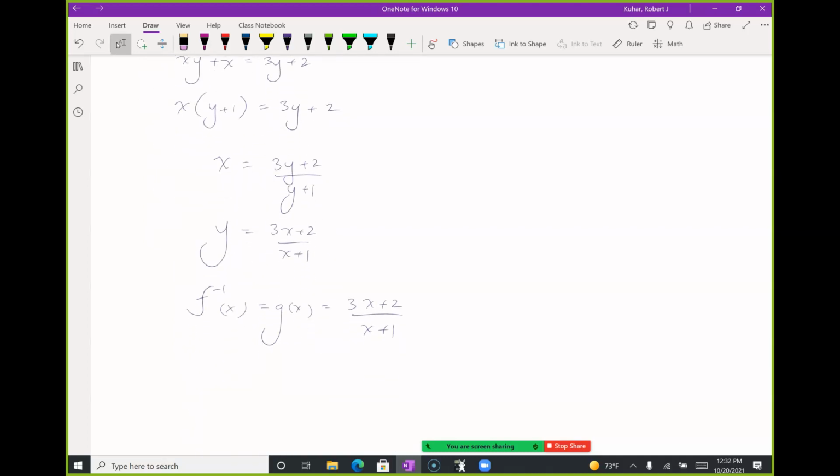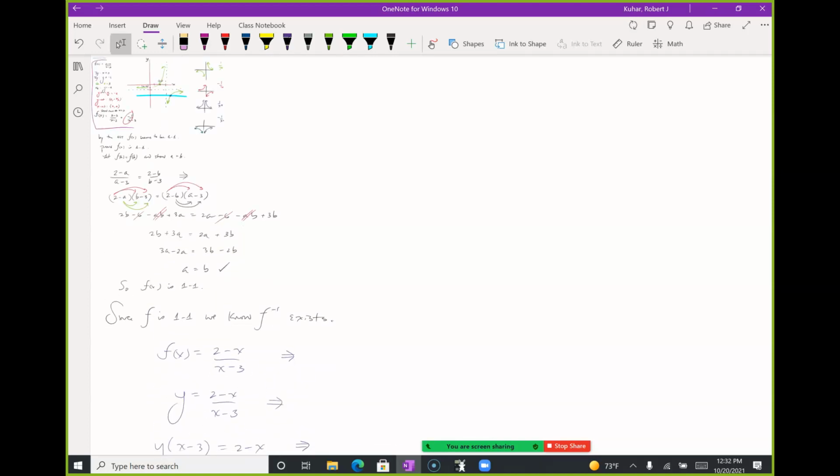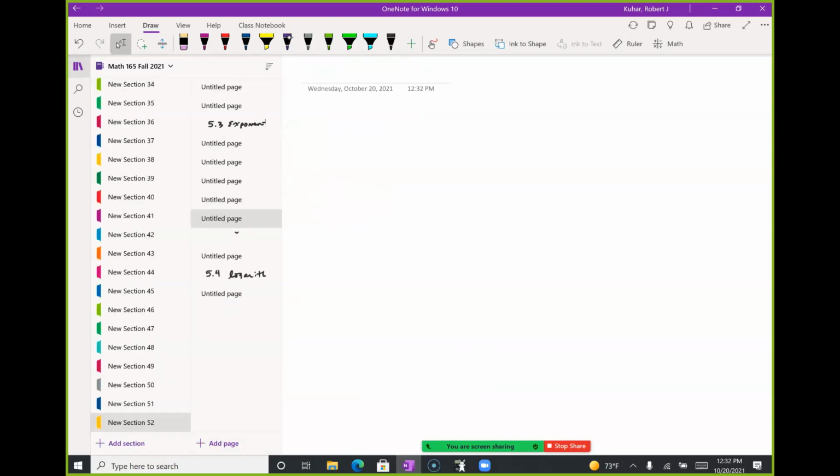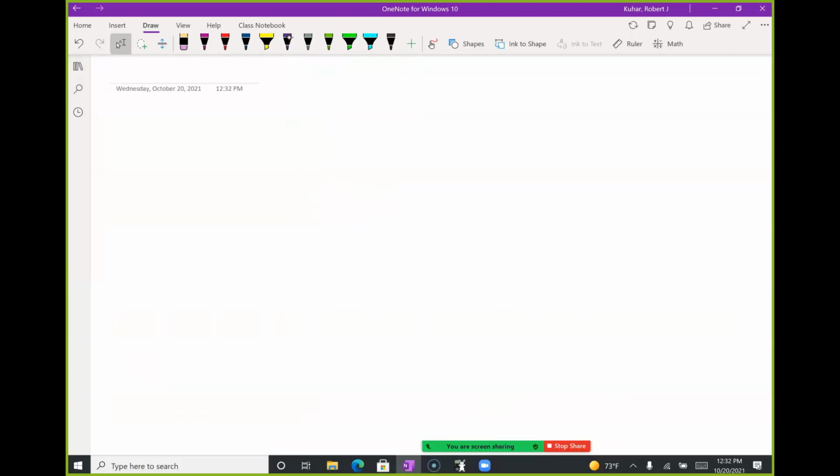Okay, so we've got a function. We've got the inverse. We want to see if we can just double check it with something simple. So we're going to pick something in the domain. What's my function? 2 minus x over x minus 3. So I want to pick something nice and simple in the domain of f, see what comes out of it, put that output into G and see if I get back to the beginning again.